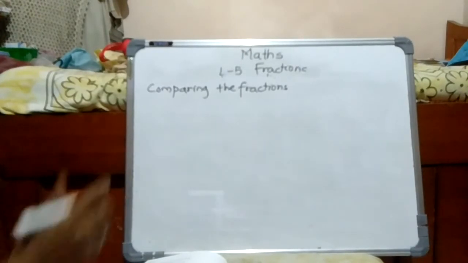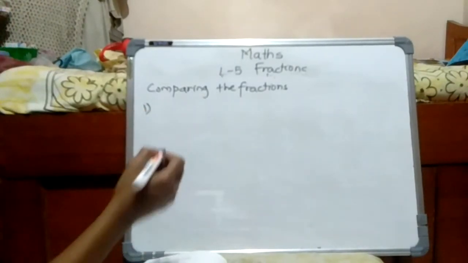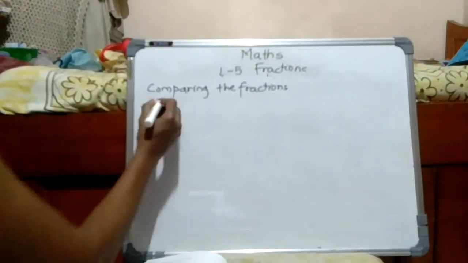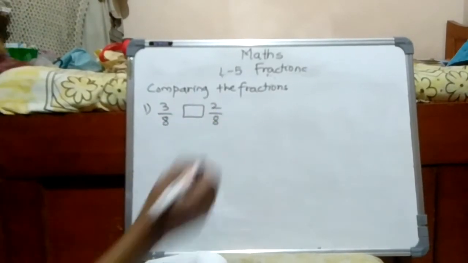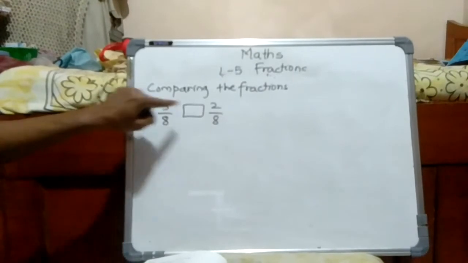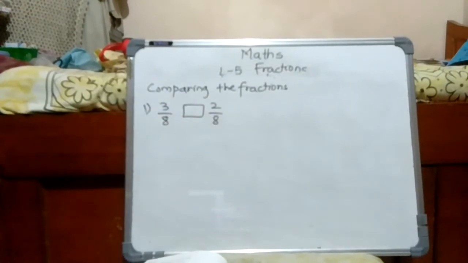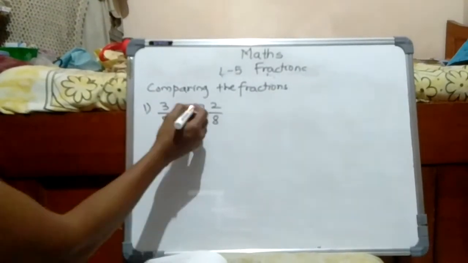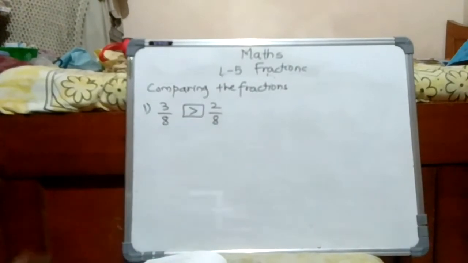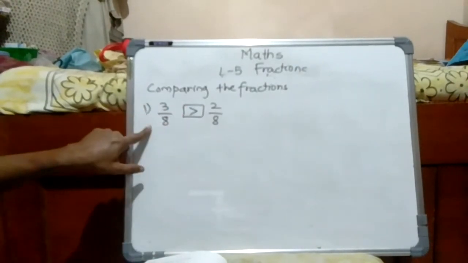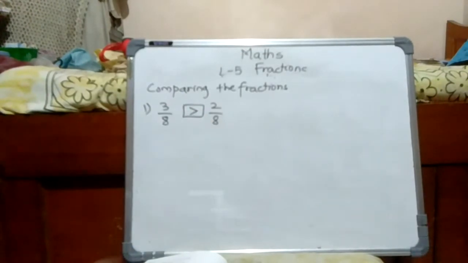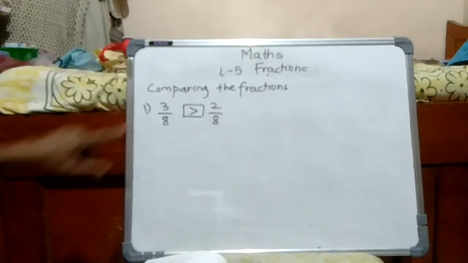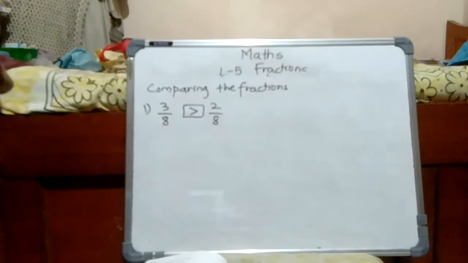Now suppose the same denominator is there, then what will we see? We will see 3 and 2. Out of that, which is greater? 3 is greater. So we will put the open side of the beak towards the 3 and the closed side of the beak towards the 2. It means 3 upon 8 is greater than 2 upon 8.